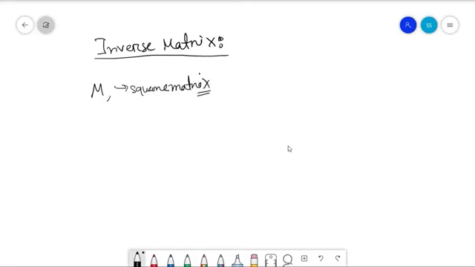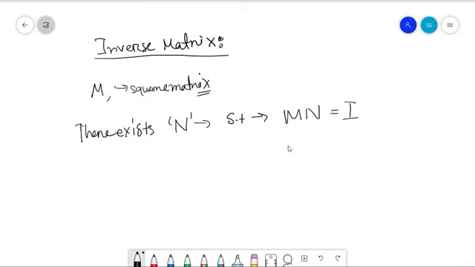Let's say, alright, and we ask whether there exists some matrix called N such that if I multiply M with N, this gives me the identity matrix.